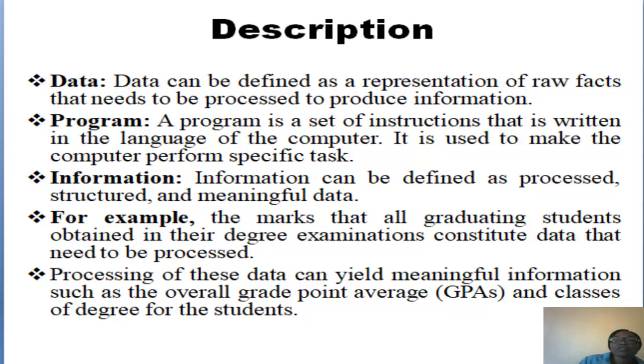Until you process all these results, you can never know your status, maybe first class, 2-2 or 2-1. So processing of this data can yield meaningful information such as the overall grade point average, that's the GPA. Until all your results are processed, that is when you can know your GPA.